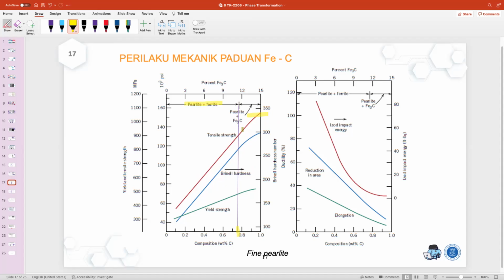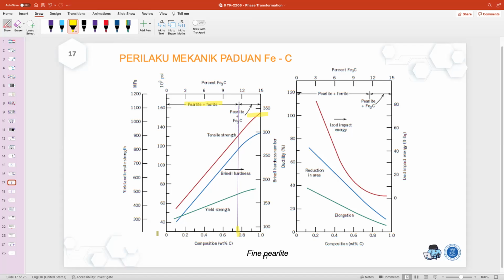And of course, with the increasing of carbon, the hypereutectoid steel would be much stronger compared to the hypoeutectoid steel.